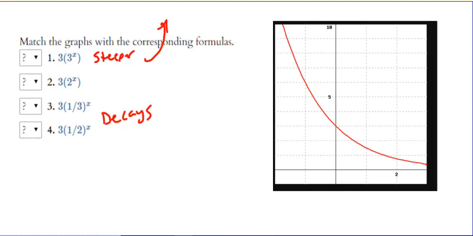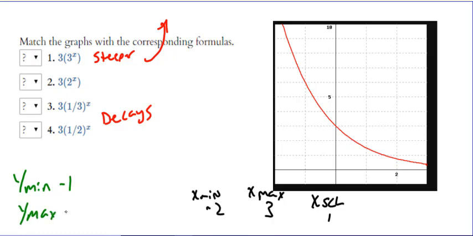So I want to just kind of put your x, so that's -1, so it'll be -2 to 3, so x min and x max, and X scale needs to be 1. And then let's put our Y min at -1, Y max at 10. 1, 2, 3, 4, 5. Yep, and Y scale 1.